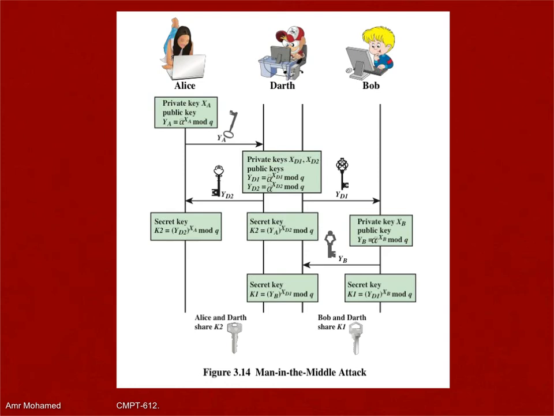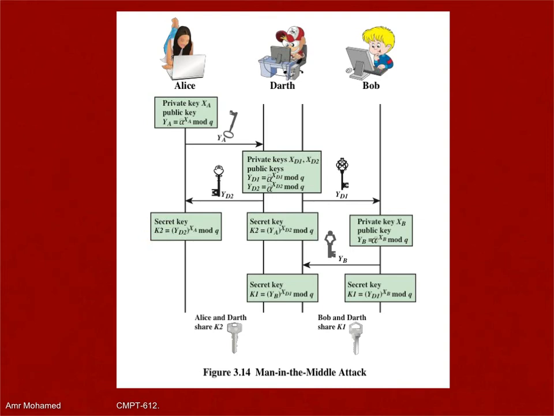So if an attacker Darth creates any XD1 and generates YD1 and gives it to you, what you would naturally do is give him YA. In that case, both of you will generate the same key.